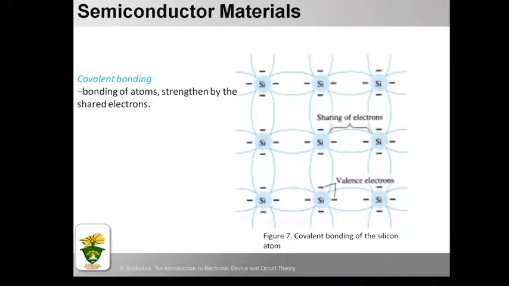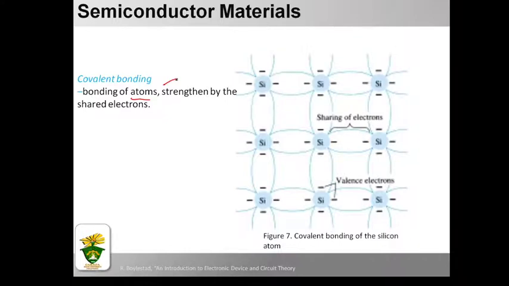So let's go with the definition of covalent bonding. Covalent bonding is a bonding of atoms strengthened by the sharing of electrons. As you can see here, we have 4 valence electrons of silicon. The sharing of electrons side by side is called covalent bonding.